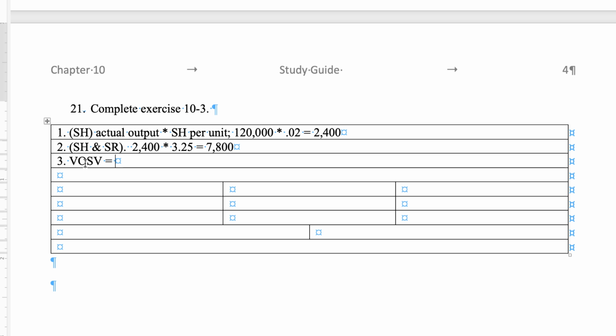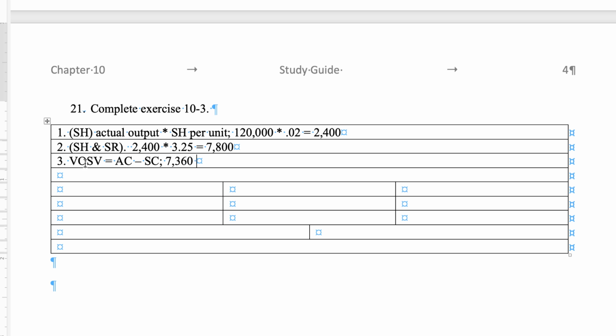Okay, so they tell us in the problem, we're going to take actual cost minus your standard cost. Well, we know the actual costs here are $7,360.